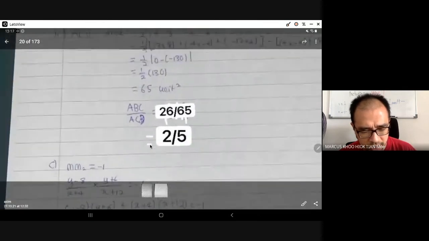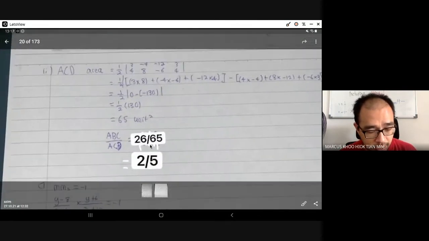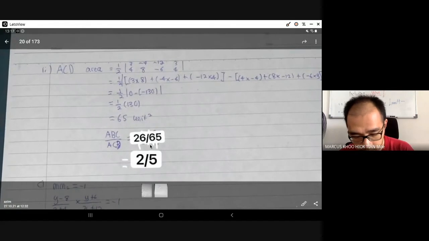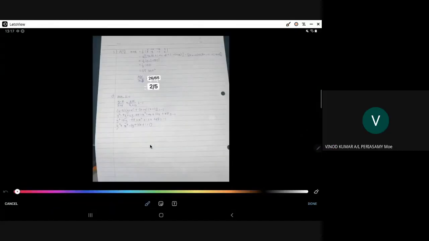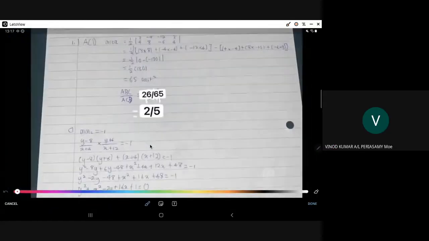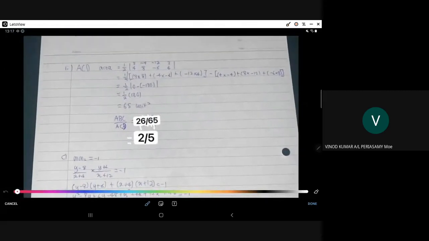Oh yeah, it is Azim's writing. Okay, never mind. Sorry, who's presenting this? Okay, so it says it wants the area for ACD. So we use the triangle formula. 1/2 of x1 y1 x2 y2 x3 y3 then x1 y1 again. The first letter of the area that it wants must be repeated twice.